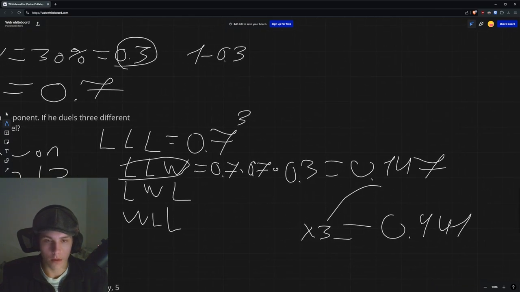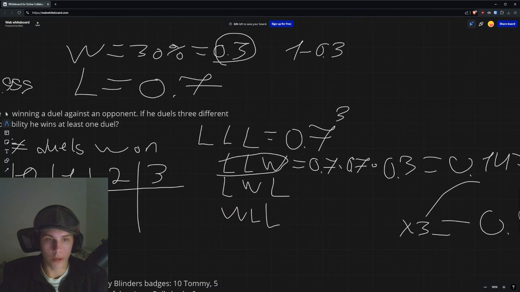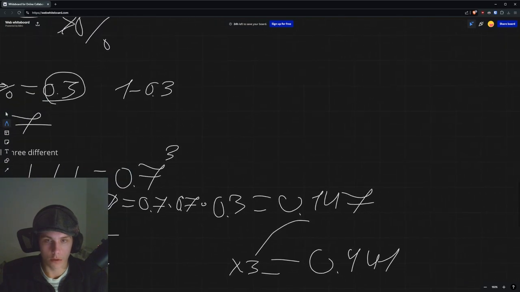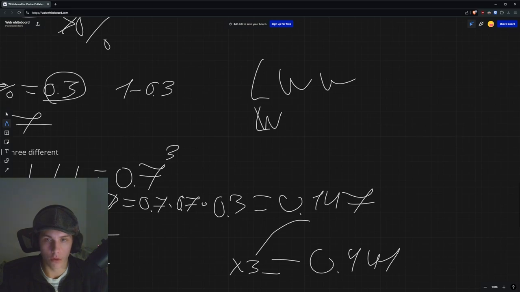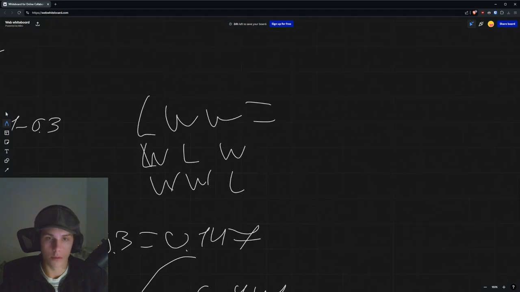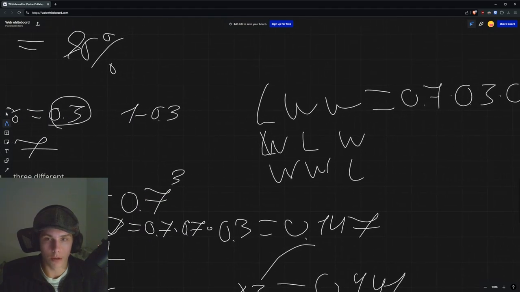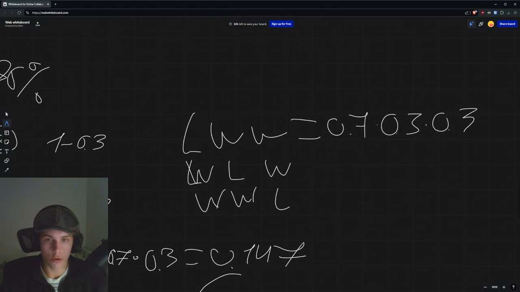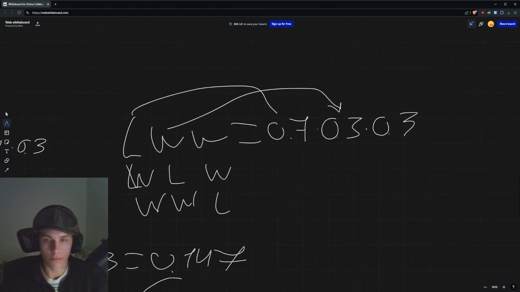Now, the probability that he wins twice. So it's either lost, won, won; won, lost, won; or won, won, lost. Same principle here: 0.7 times 0.3 times 0.3. It's important here not to mix up the probabilities: loss is 0.7 and win is 0.3.